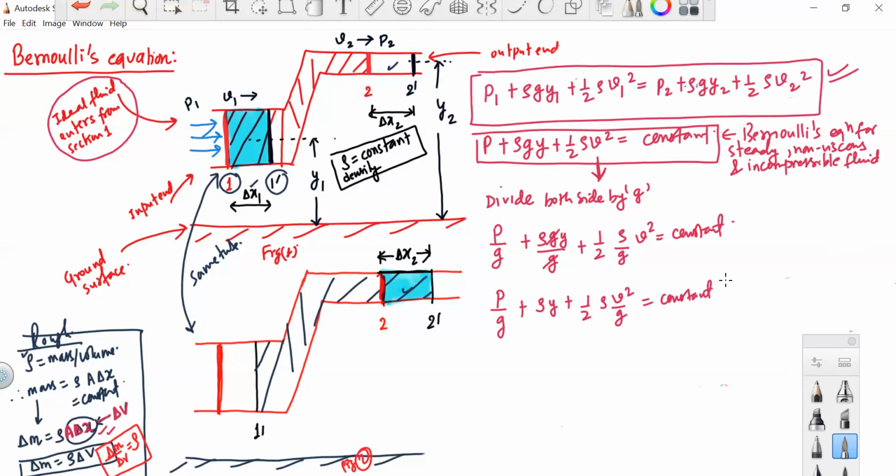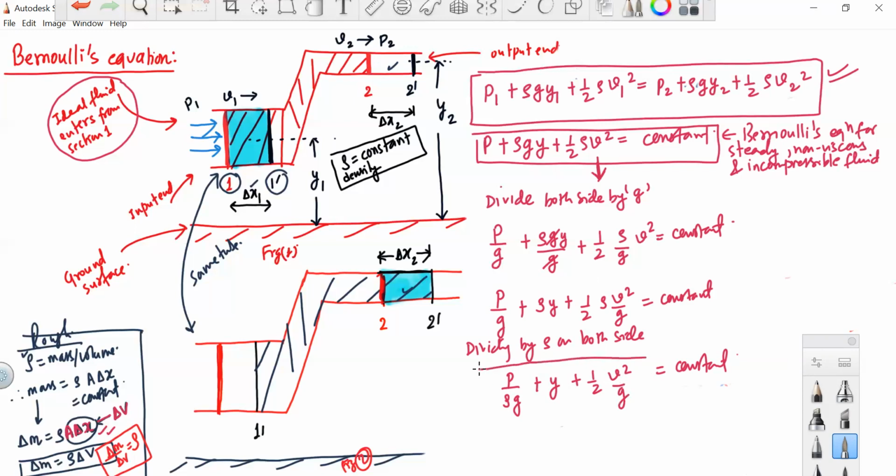Now again let us divide by rho on both sides. Because we know density is constant, we get constant on the right hand side, and we have P by rho g plus y plus half V square by g.